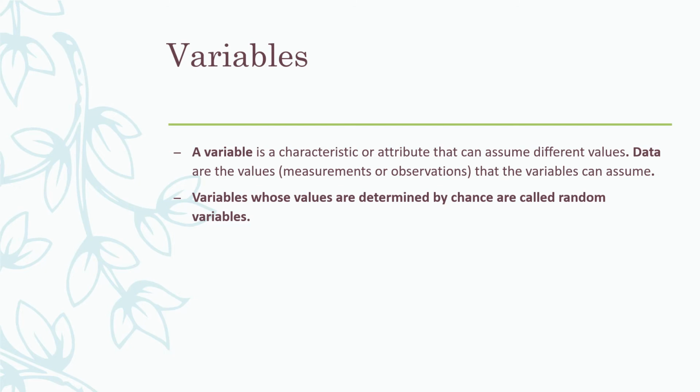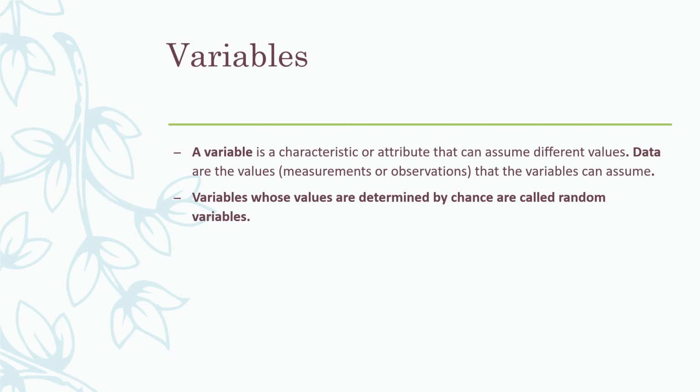And so the variable is a characteristic. It can be a salary, a temperature, a height, a weight, any of those things. As long as it's an attribute of our population that can take on different values, it is what we refer to as a variable.